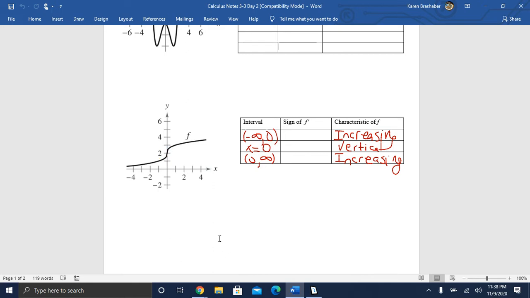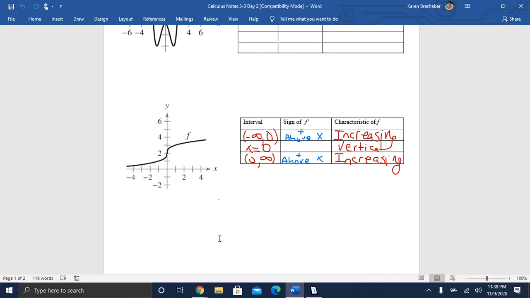So if f is increasing, then f prime must be positive, which means that it needs to be located when we graph it above the x-axis. And so that occurs in both of these situations where we see that the original function is increasing.